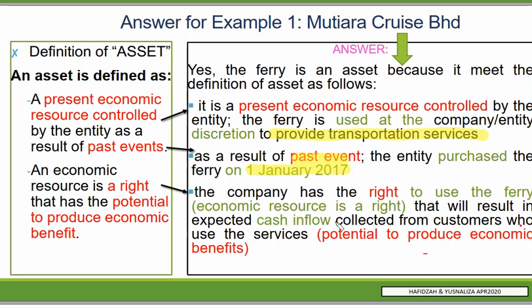Because you will collect money from customers who use the transportation services from the mainland to Penang. You have the right to use the ferry because you own it. So yes, you have met the definition for the ferry to be classified as an asset.